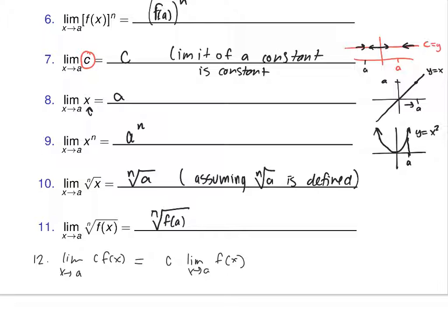And then as long as there's no funny business, you can just plug the number into the function. But if plugging a number into the function yields division by 0, all these properties break down and fail. Okay, so if your denominator ends up being 0, stop, you do something else. And we'll get to examples like that.